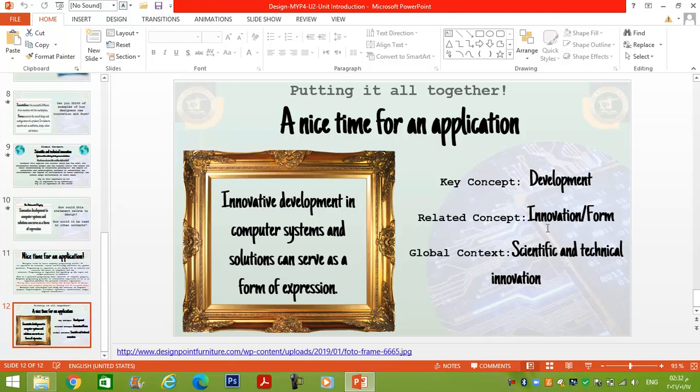We should learn what innovation in design is and what form means. The global context is scientific and technical innovation, like models, processes, systems, solutions. Then this statement of inquiry will help us learn more in this unit, and we'll find out more information to produce our computer program.